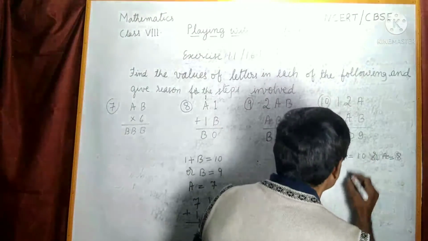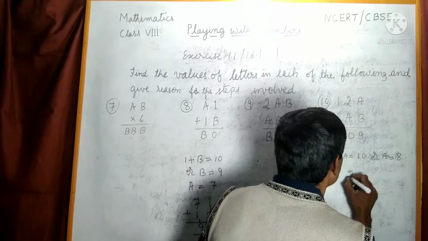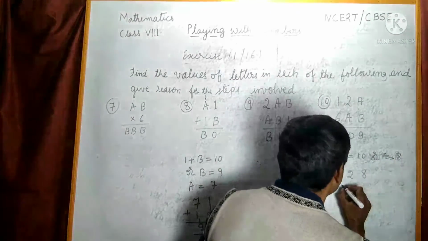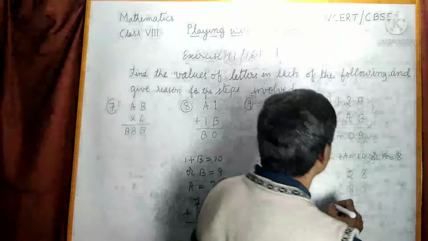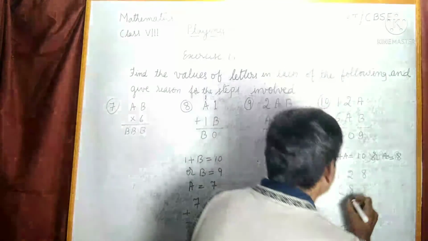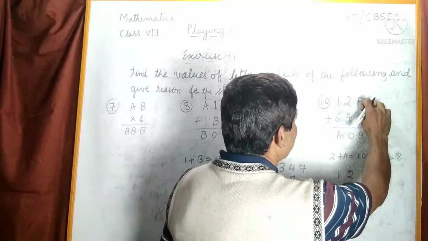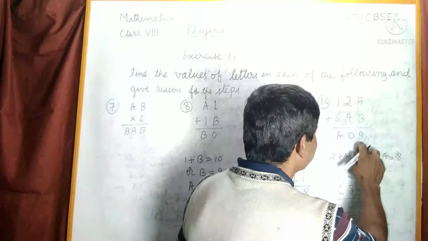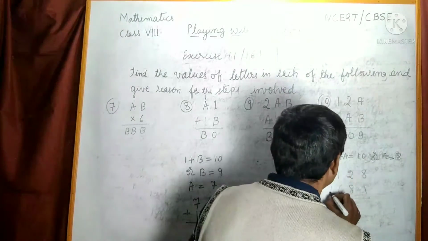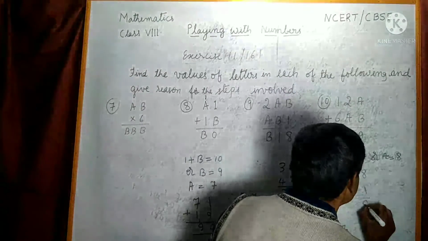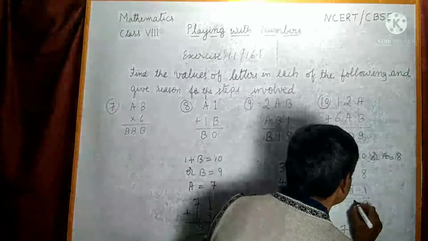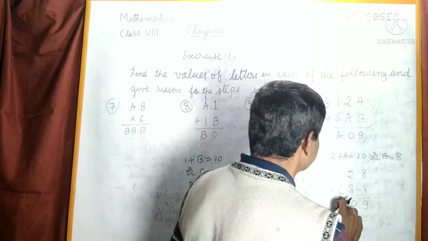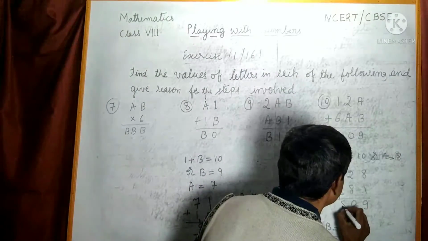Now, let us write the puzzle. 1, 2, we'll write 8, and A is 8. 8 plus 1 is equal to 9. So we'll write 1 here. That means 8 plus 1, 9. 8 plus 2, 10. 1 is carry here. And 1 plus 6 plus 1 is 8.